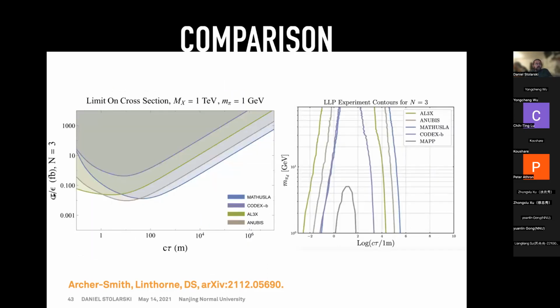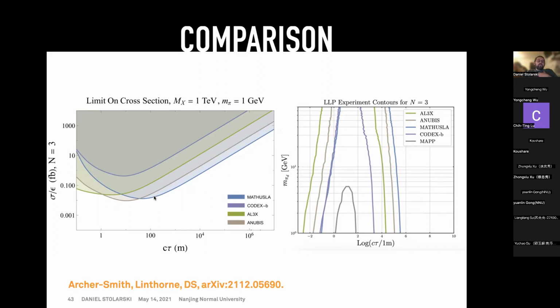So for example, we can ask, what is the limit they will place on the cross-section as a function of lifetime for fixed masses? So fixed mediator mass and fixed dark pion mass. You can see they all have roughly the same shape. If the lifetime is too short, the stuff never gets to them. If the lifetime is too long, it mostly passes through. So they all have a minimum, an optimal sensitivity, and the optimal sensitivity is going to be roughly how far away they are from the interaction point.